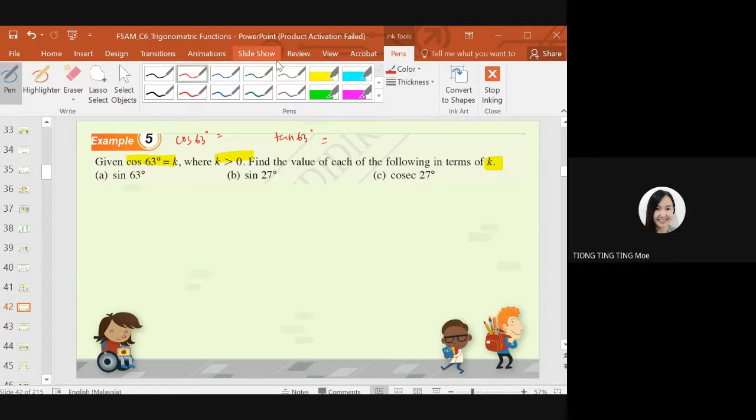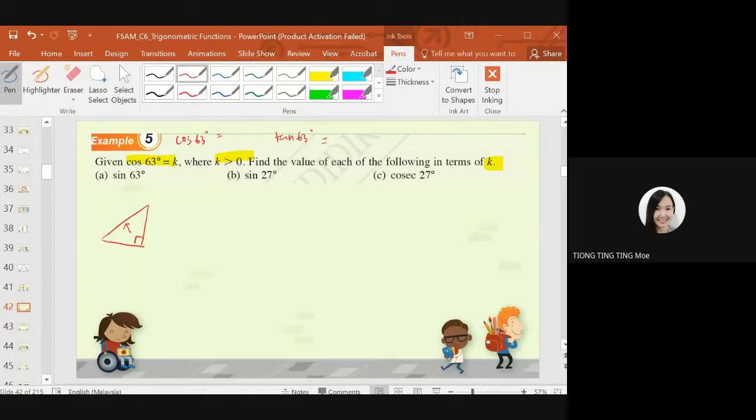Using the right angle triangle. Right angle triangle using SOCATOH.